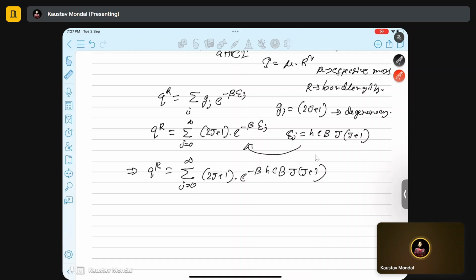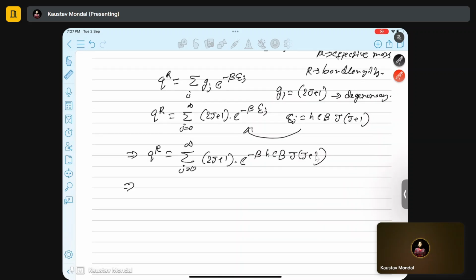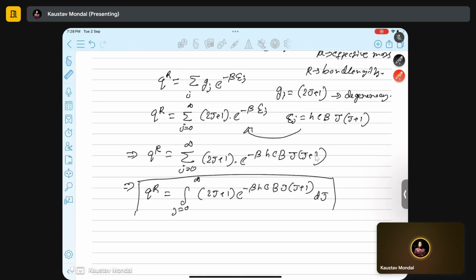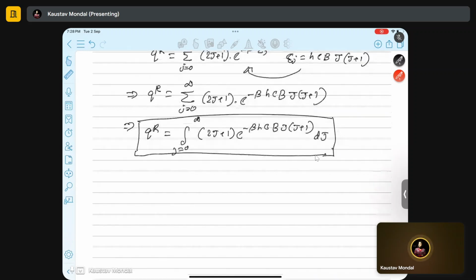So we can write QR as the integral from 0 to infinity, J starting from 0 to infinity, of 2J plus 1 times e to the power minus beta hcB J into J plus 1 dJ. Okay, so this is the expression of the rotational partition function QR.